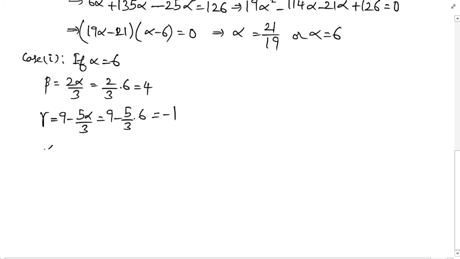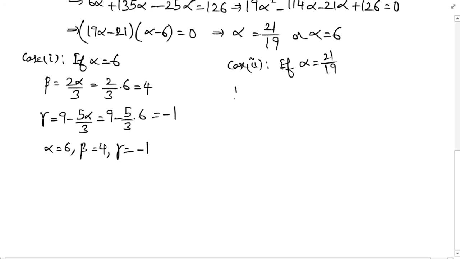So alpha is equal to 6, beta is equal to 4 and gamma is equal to minus 1 in this case.